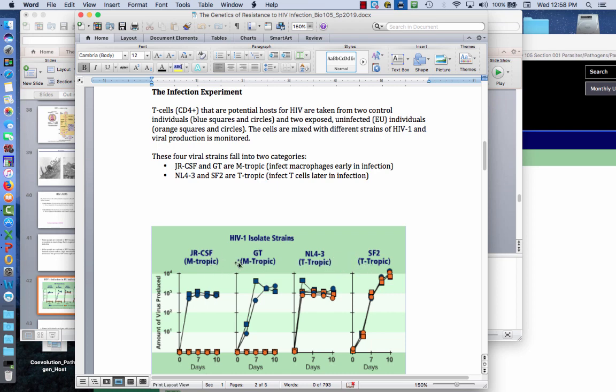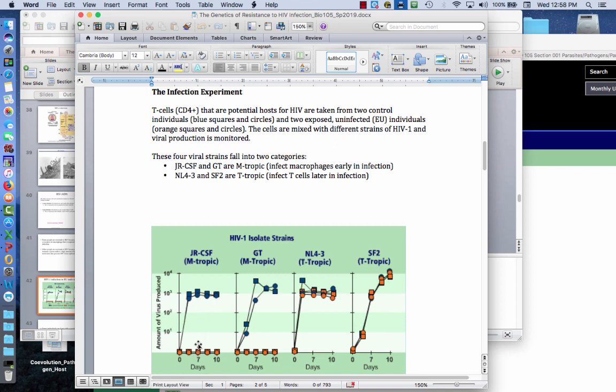So we have early viruses and symptomatic, later-in-infection viruses. Paxton et al. took T cells and macrophage from individuals that were exposed and uninfected, mixed them in a tube with the viruses, and compared those to control people.